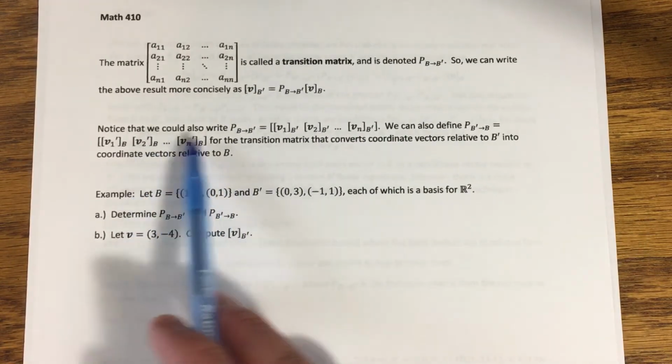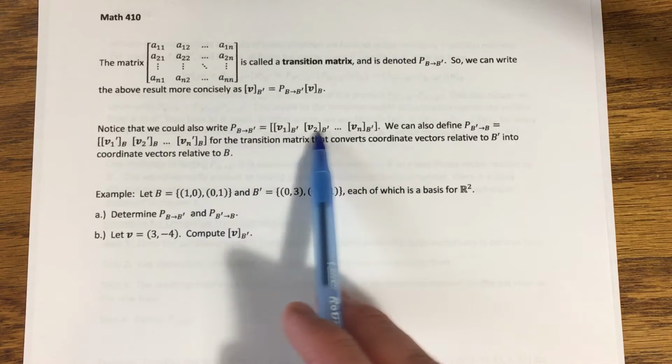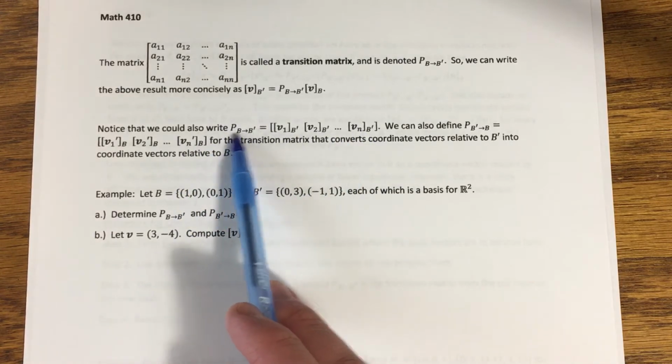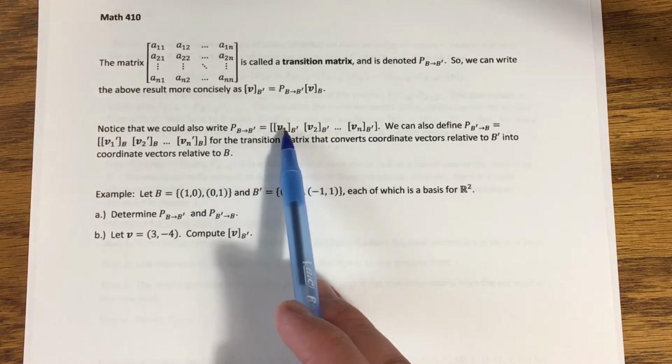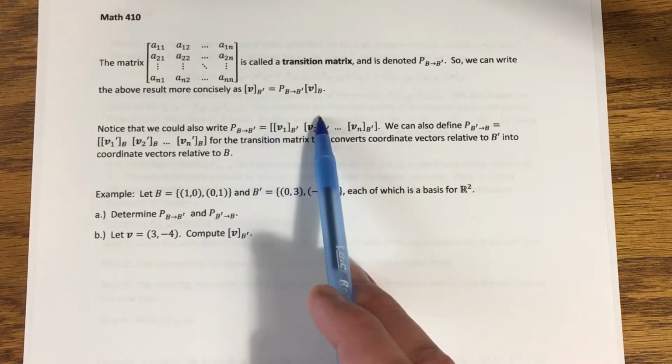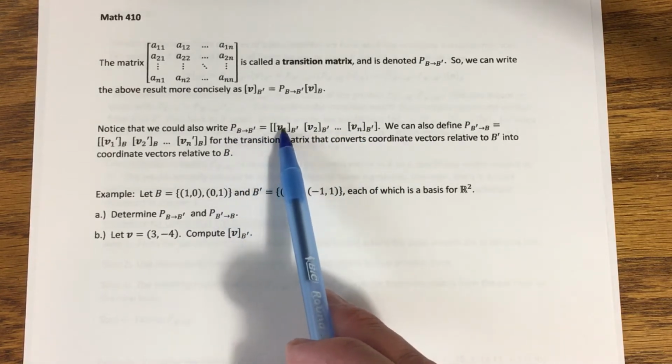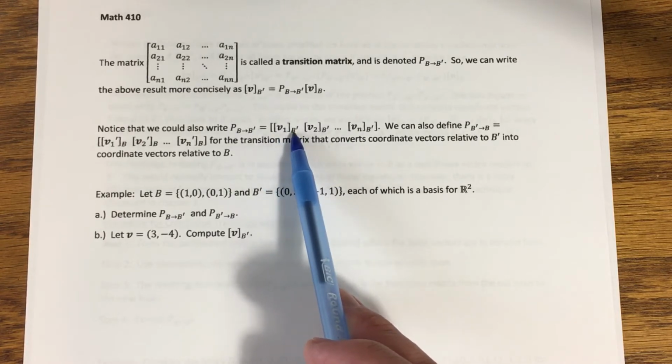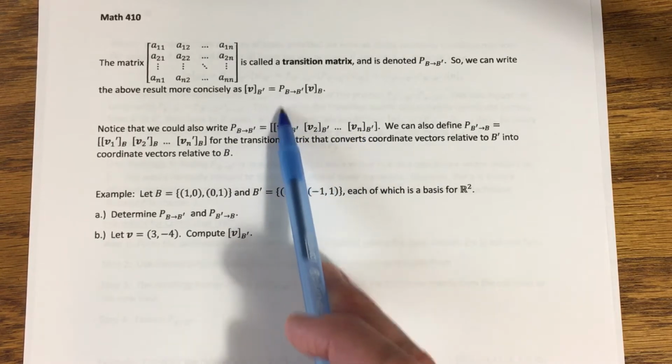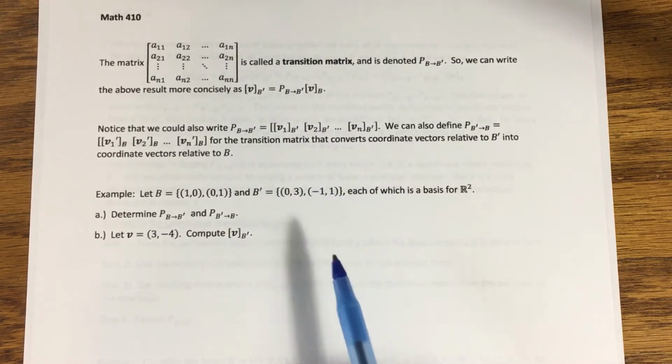And again, to write in kind of more compact notation, that transition matrix can be written as a partitioned matrix. Remember, each of these represent a column, where I took each of my vectors in my old basis and expressed them as coordinate vectors in my new basis, creating those columns, okay?